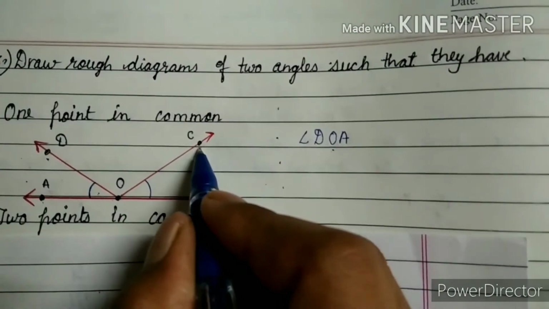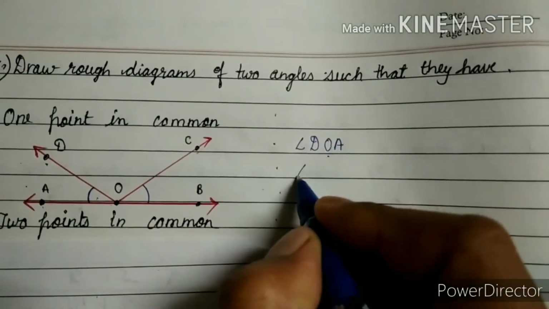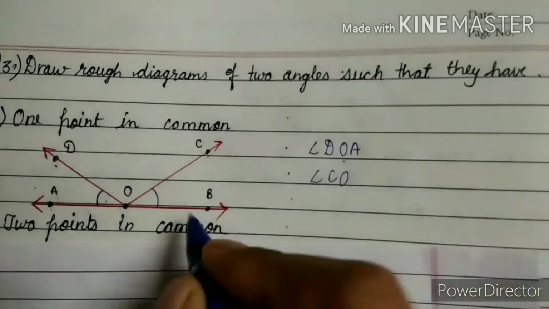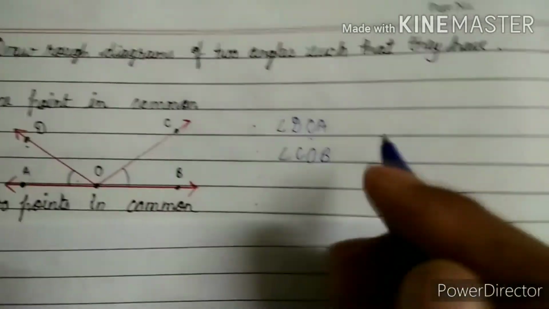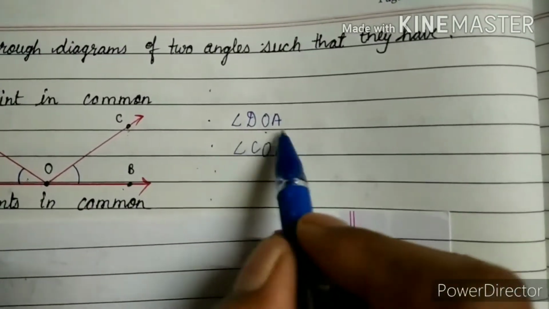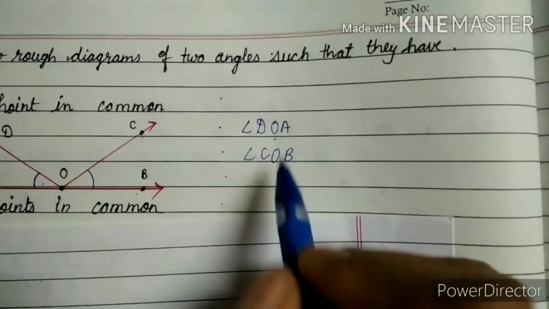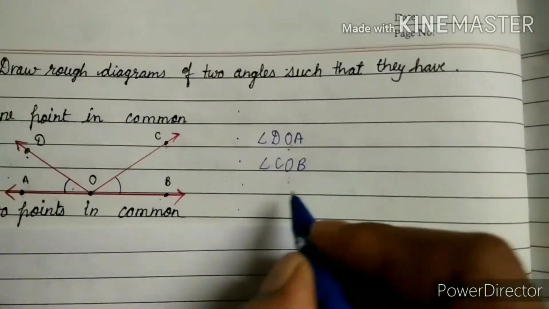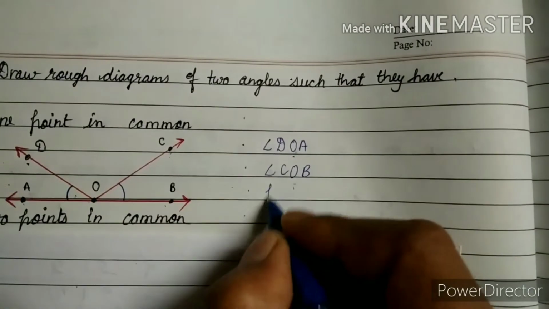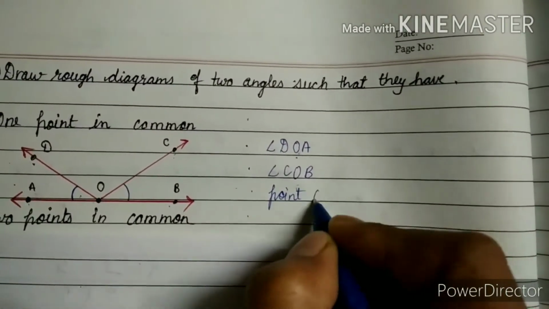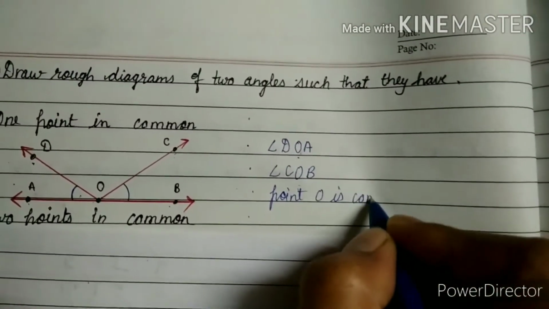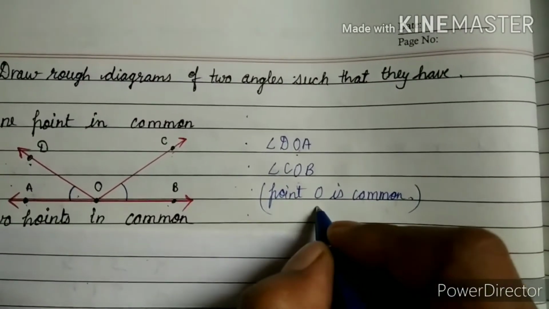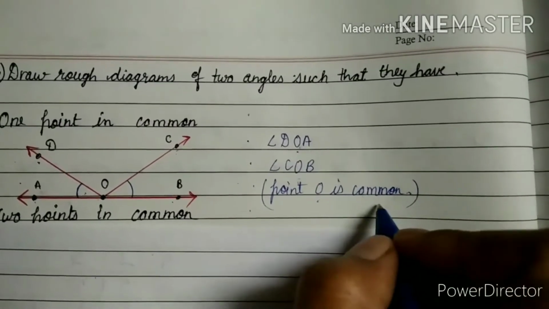For the second angle we will start from C. Angle COB. Now as you can see, which alphabet is coming in both places? O. O is coming in both angles. So which is common? Point O is common. They show 1 point, so we showed point O is common, only 1 point.